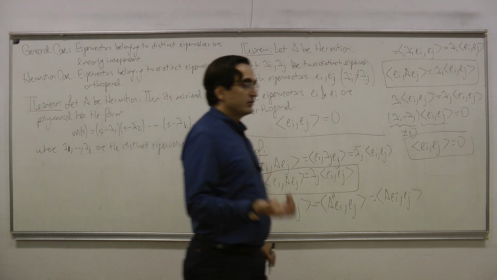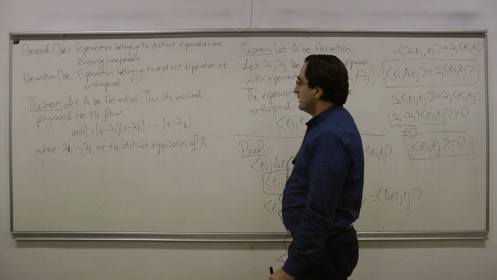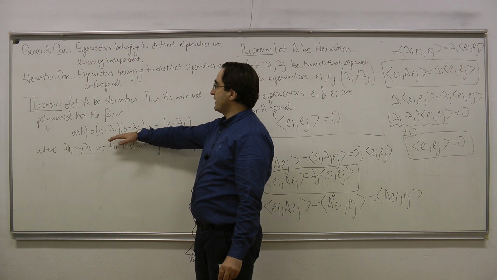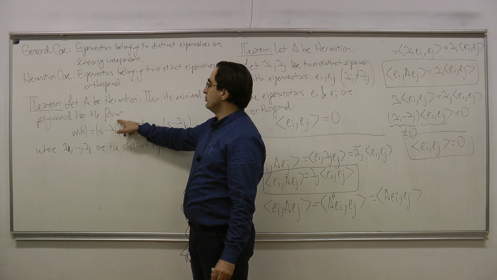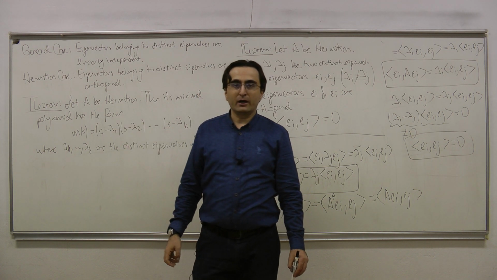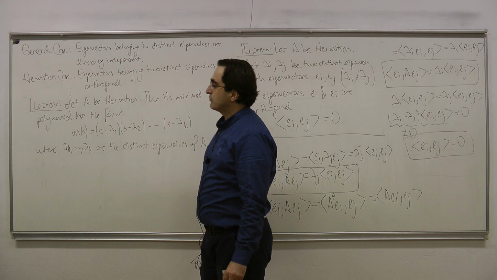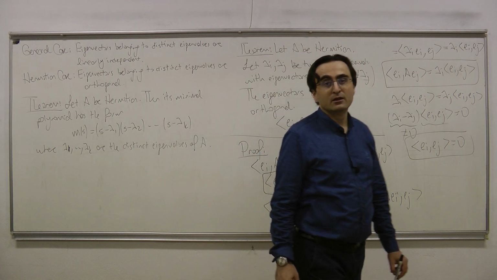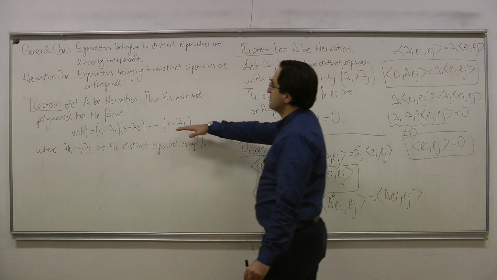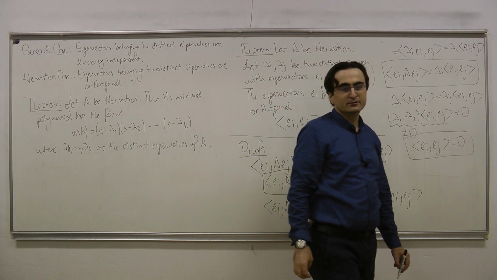So in this case, we are claiming a very, very specific thing about the minimal polynomial. In general, for general matrices, we know that the minimal polynomial powers can be between 1 and Ri. But in this case, this theorem is actually claiming that the minimal polynomial powers should all be equal to 1.